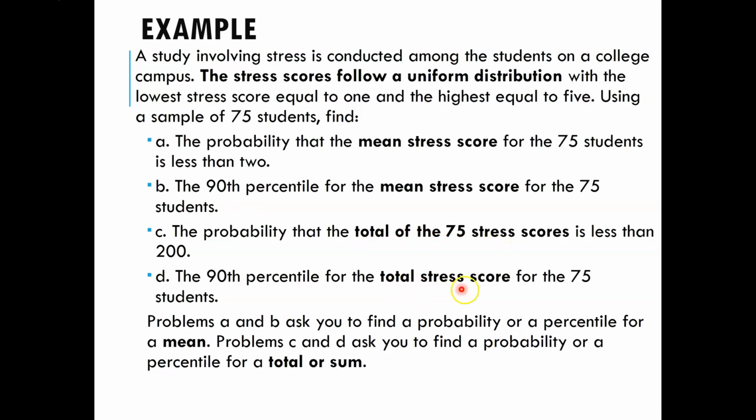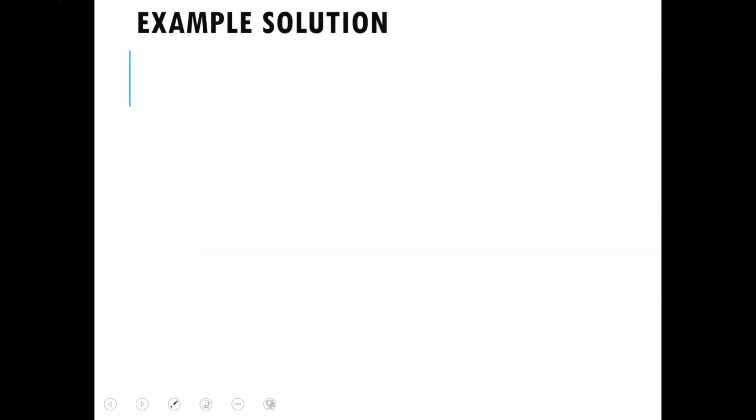So the first two, we're using the mean. The second two, we're using the sum. And remember, we have different formulas for those. So problems A and B ask you to find a probability or a percentile for the mean. Problems C and D ask you to find a probability or percentile for the total or the sum. Okay, so let's look through this one piece at a time.